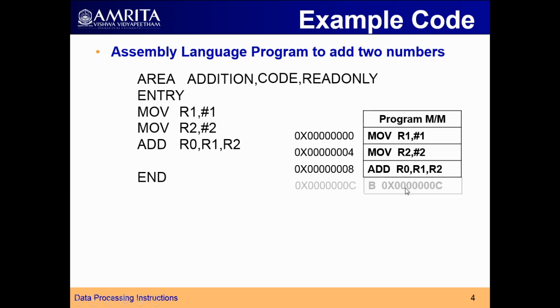How will you do that? You will use the branch instruction, that is B. If I write the instruction B with this address, it will branch from this location, that is 0C, to that location itself. So it is something like an infinite loop.